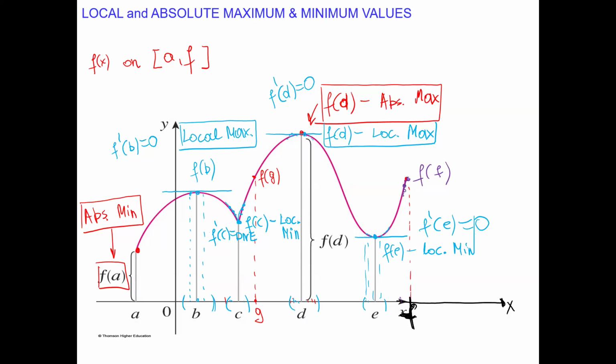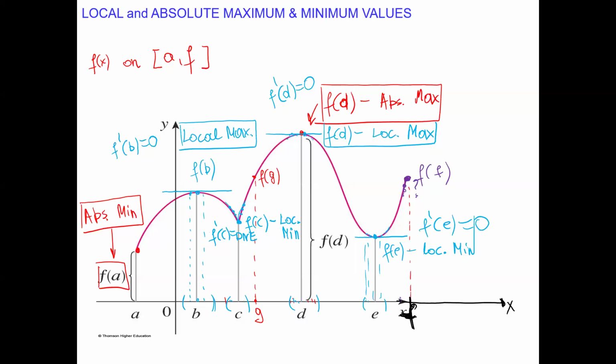This is the highest, but we don't know the right-hand side. We don't know the neighborhood. That means f of f is not a locally highest point, and it's not absolutely highest, but that's obvious. Based on this graph, we identify local extreme values and absolute extreme values.